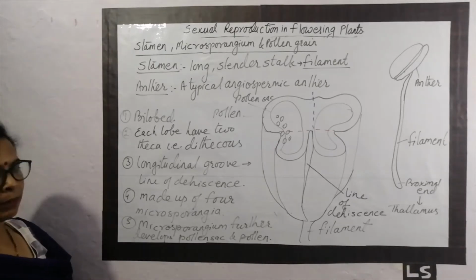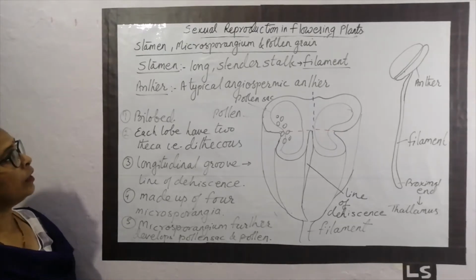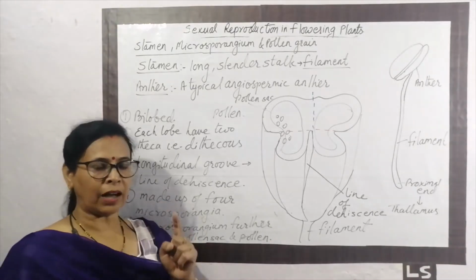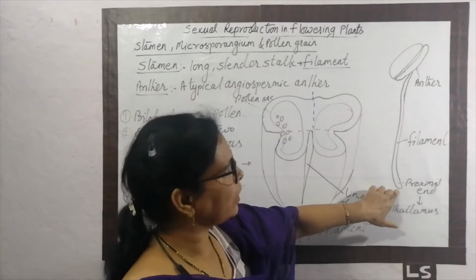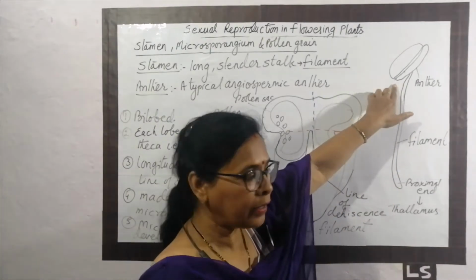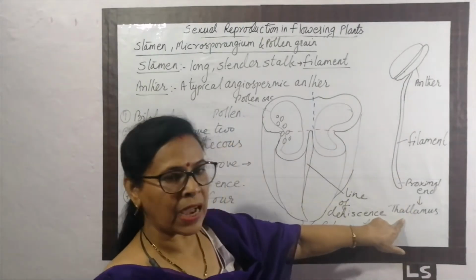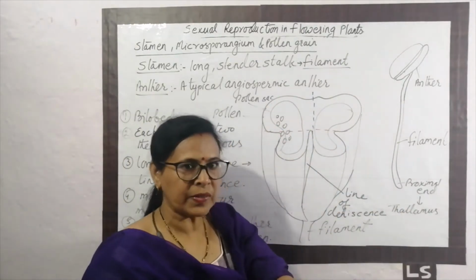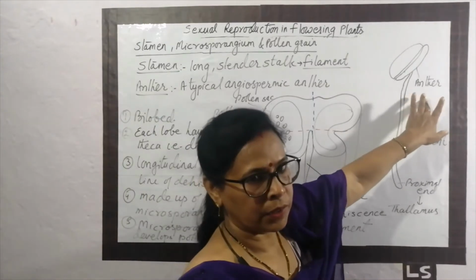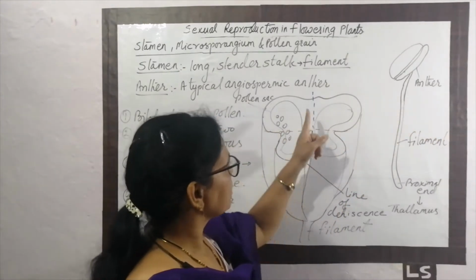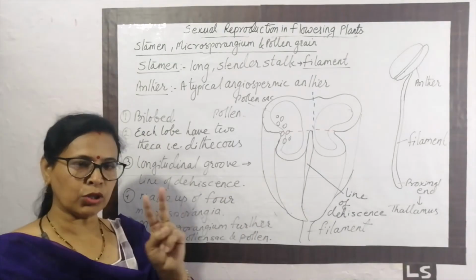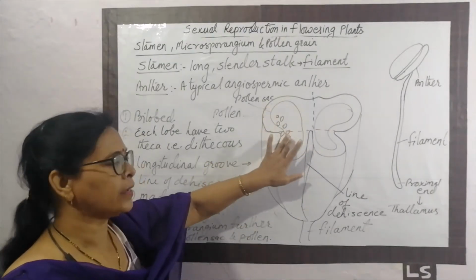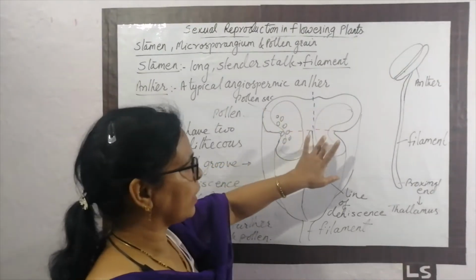So what about the stamen? The stamen contains a long stalk called the filament. The filament has two ends, the proximal end and the terminal end. The proximal end is attached to the thalamus. At the terminal end, one bag is present, that is called the anther. The anther is bilobed in nature, and in each lobe two thecae are present. So a total of four thecae are there.